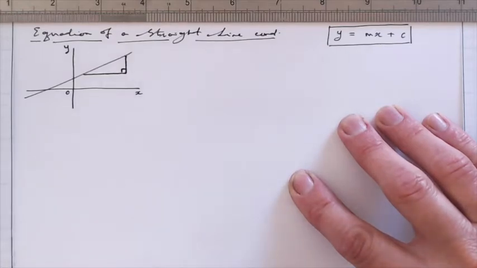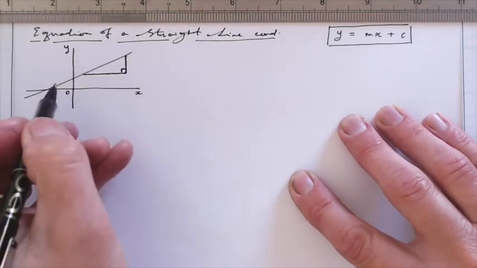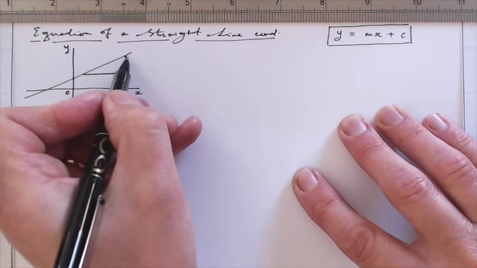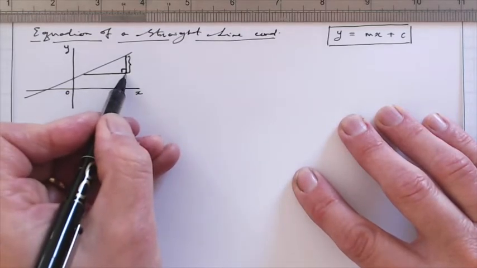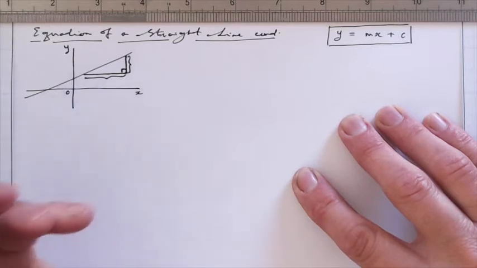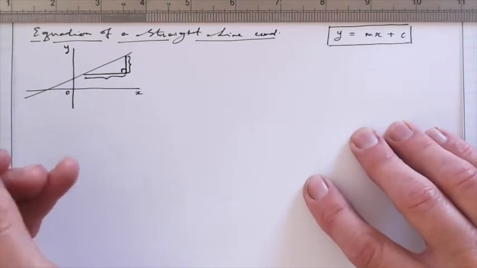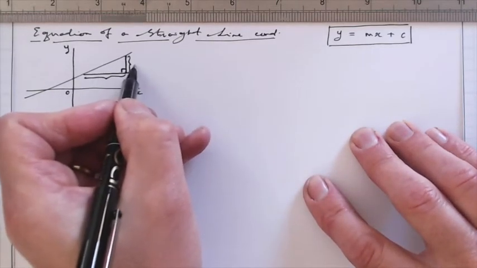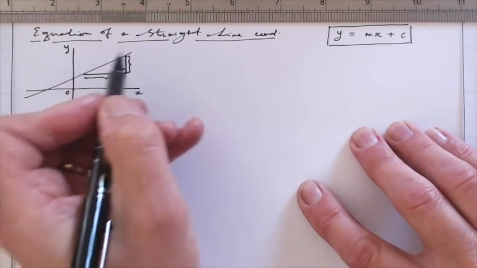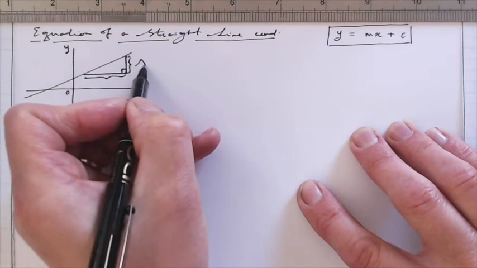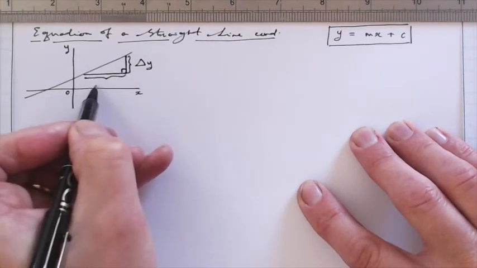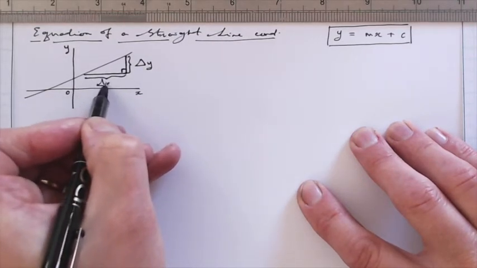And the way we define the slope is to say that the slope is this value divided by this value, okay? I'm going to use a symbol here that you might only see in a slightly more advanced maths class, but it's very useful. Let's call this delta y, and let's call this delta x.